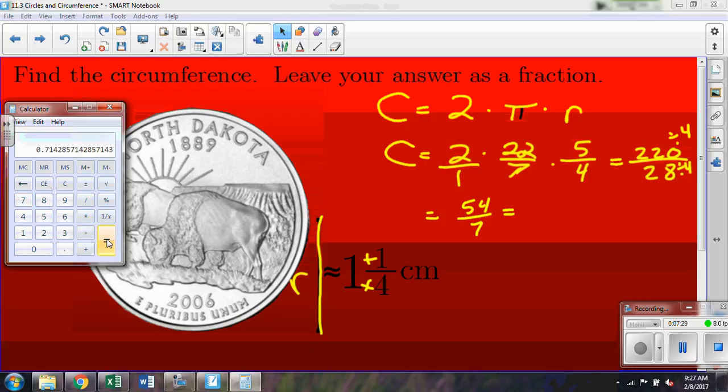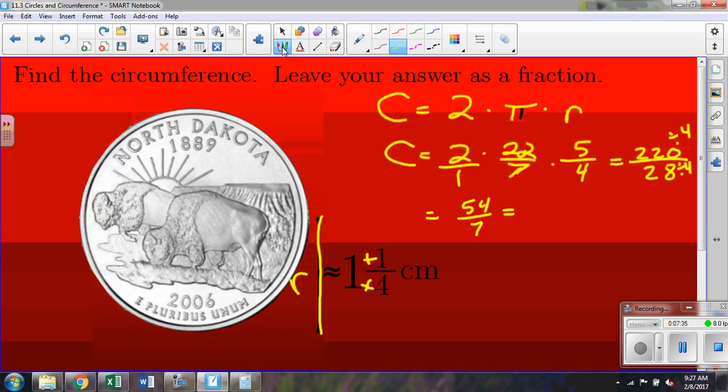Since our denominator was 7, we can multiply by 7 and get the remainder. Taking advantage of our calculator, we know that this is 7 and 6 sevenths of a centimeter. And we're done. We have the circumference for a quarter.